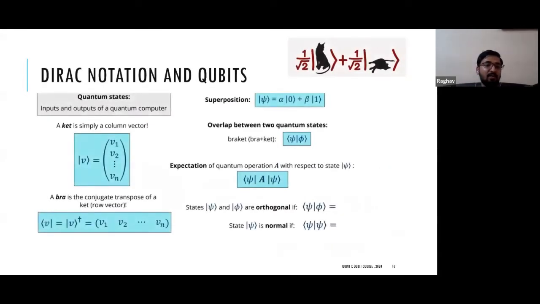So let us start with Dirac notation. We have a different set of notation for representing quantum states. What are quantum states? Quantum states are the input and output of any quantum system. Quantum states can be one or can be more than one.